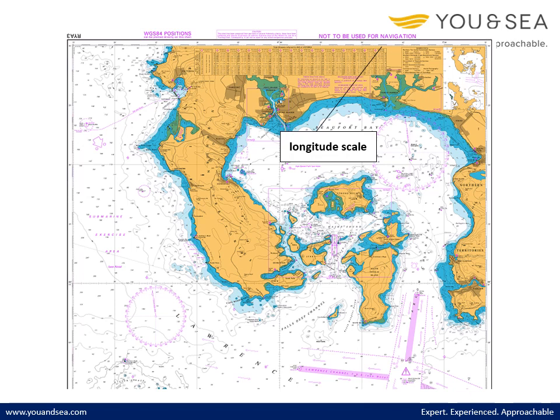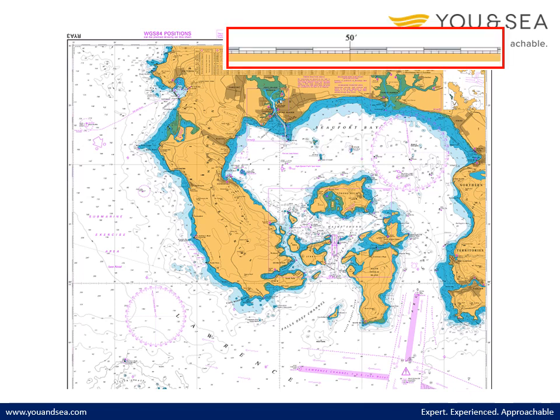Our longitude scale across the top is set out in much the same way. It is our latitude scale that we use for measuring distance, and why gets talked about in another video.